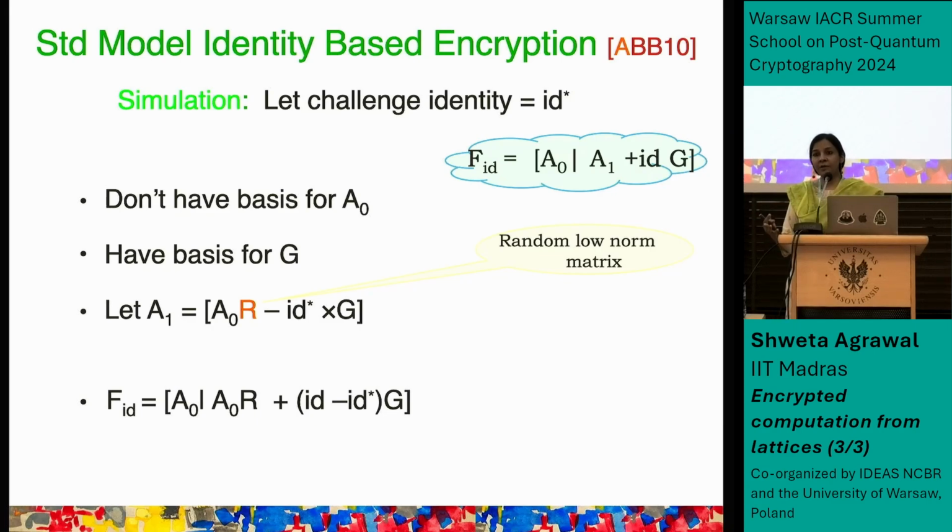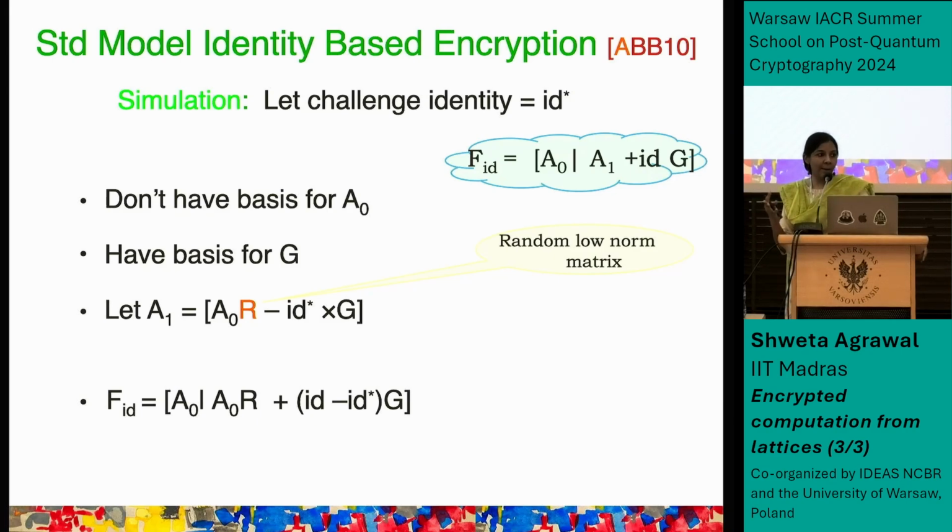And the next observation I'm making is that when ID is equal to ID star, the G dies. Now note that the G is the only matrix around here on the slide where there is a trapdoor. The only other matrix that we have is A0, and we don't have a trapdoor for that.